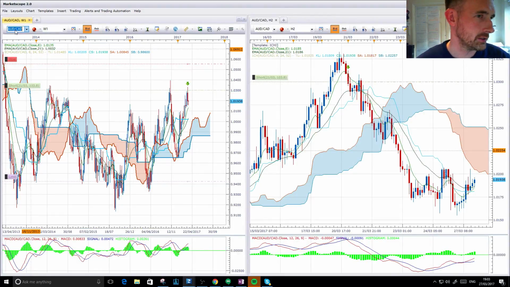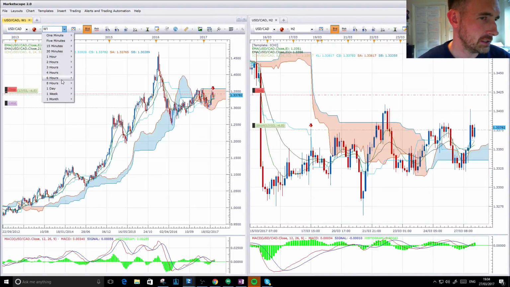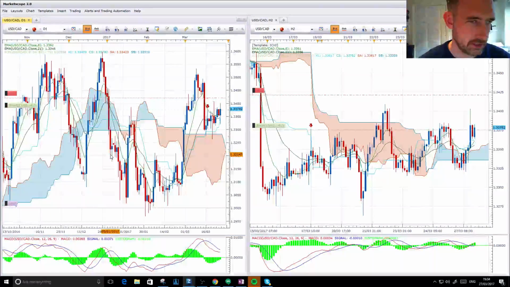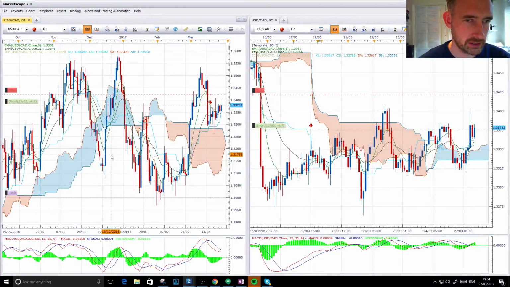The other one I've got is USD CAD. I'm having to remember why I'm in these as I go. Come on, memory. Yeah. Okay. So it was a retracement on a sell here on the daily. So use that as a sell. It looked like it was selling off. Now it's messing about a little bit.